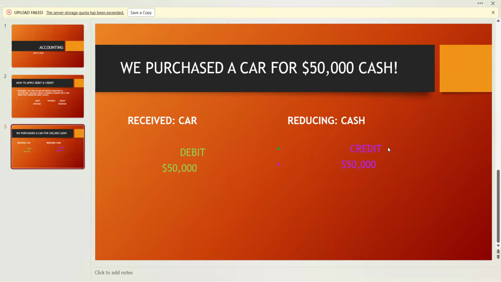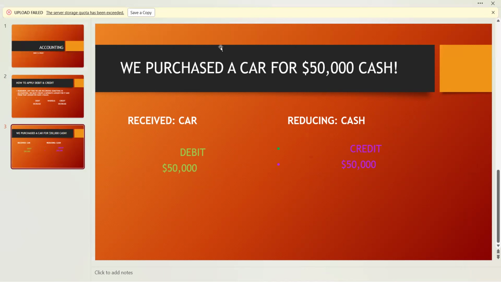When you create your ledger, you put car for debit and cash for credit because you give money, you purchase it with your cash, with your capital. Credit is to reduce, decrease, because your cash has been decreased. So you put the credit side for $50,000. Now, since you received the car, you put debit $50,000. That's the way you do it.